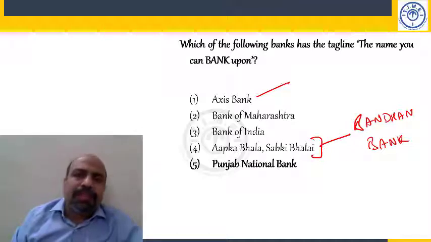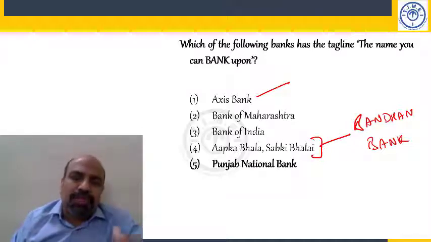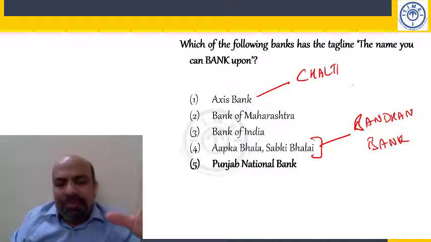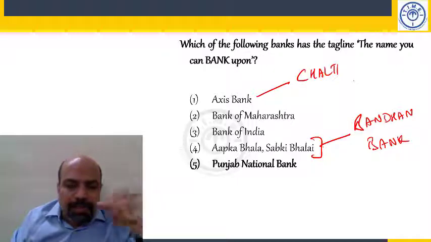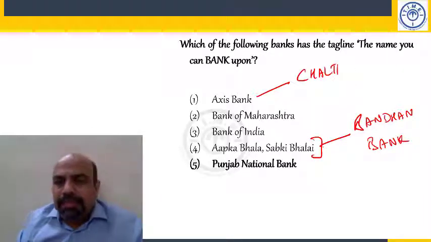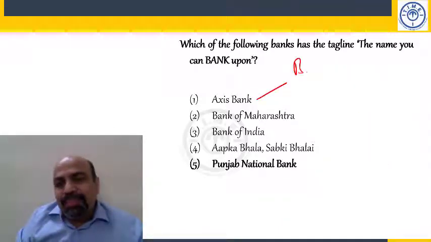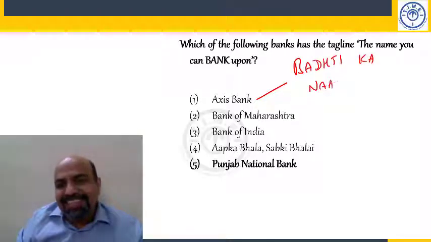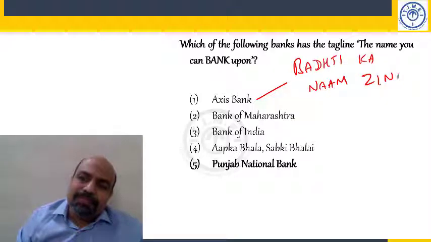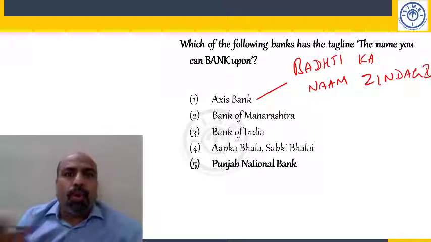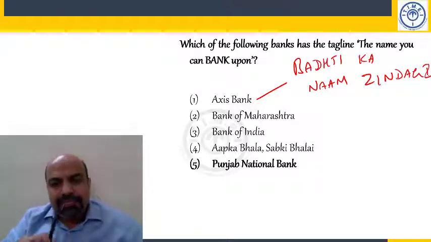Axis Bank, there are two major punchlines. The one that is running now is Badhti Ka Naam Zindagi. You have seen this movie? Chalti Ka Naam Gaadi. Sorry, this is not Chalti Ka Naam Gaadi. This is Badhti Ka Naam Zindagi. They also have another tagline. What is that? Dil se open. Dil se open. So, Badhti Ka Naam Zindagi.